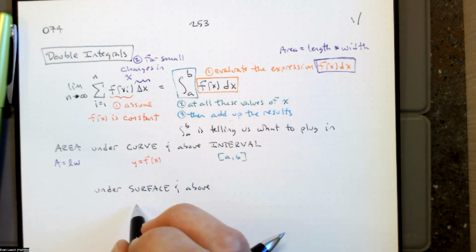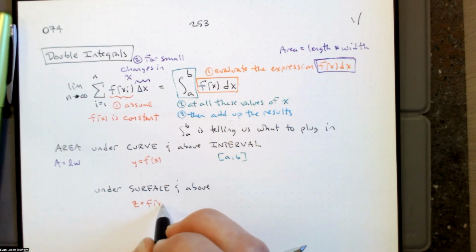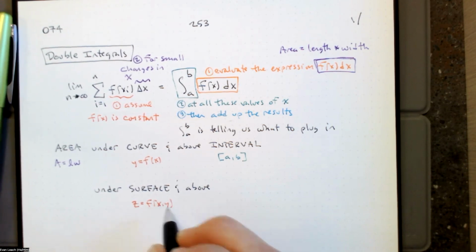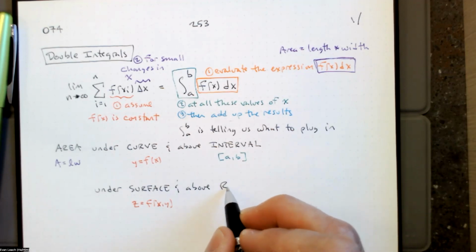So a function of two variables will give us a surface, and now instead of just plugging in a bunch of x's, we need to plug in a bunch of x's and y's. So we're plugging in from some region in the xy plane.